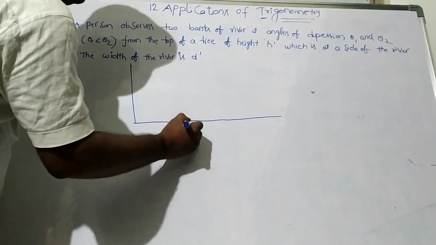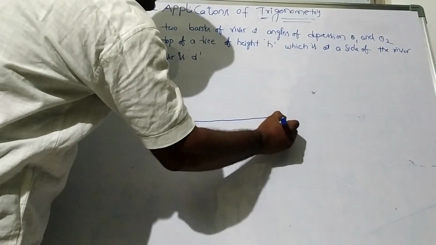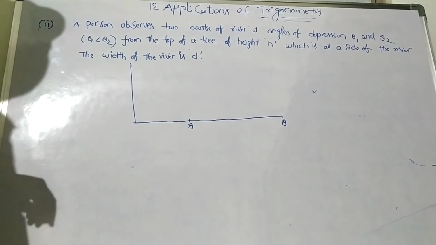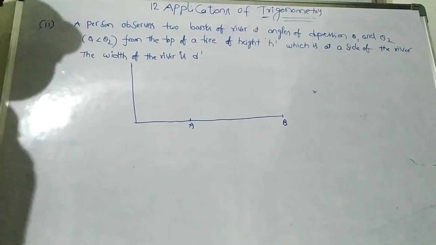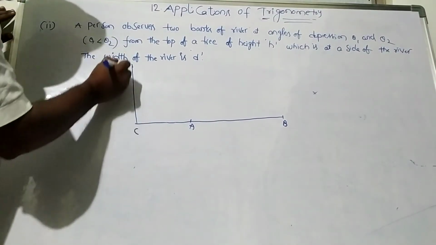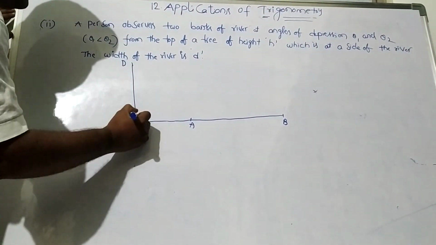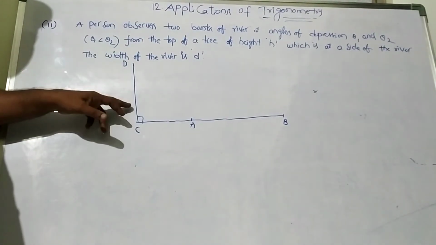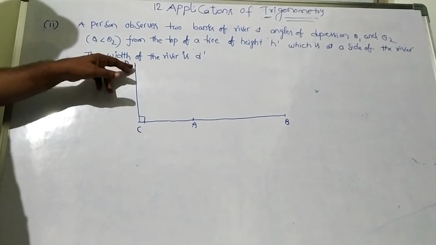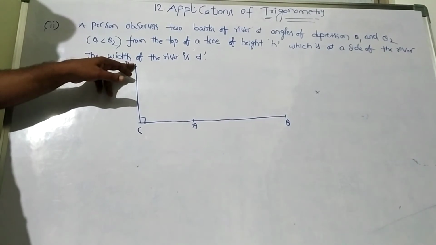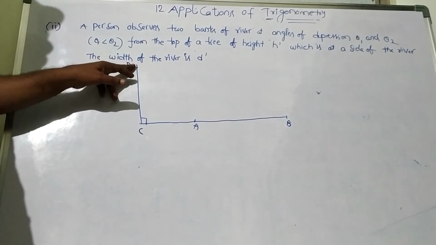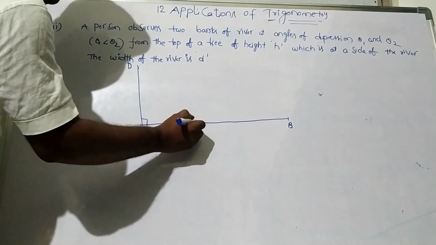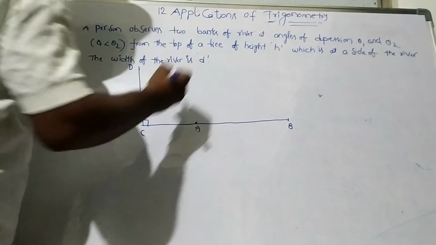AB is the river, the width of the river AB. Here this is the tree. CD is the tree. This is 90 degrees, angle C is 90 degrees. The position of the person is at D. This is the first bank of the river and this is the second bank of the river.